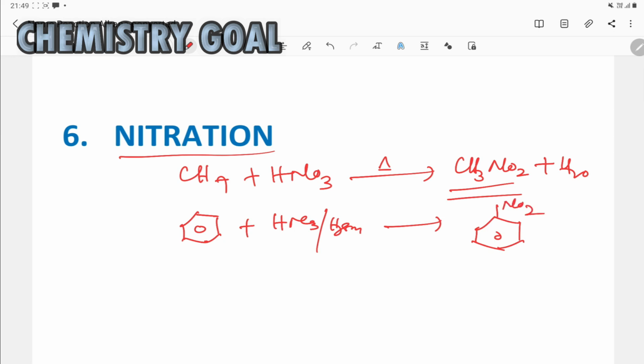This is called nitration of aromatic compound, and this is called nitration of aliphatic compound, that is alkane. Both are called nitration, either aliphatic or aromatic. This is the difference: the results are nitroalkane and nitrobenzene. But here pure nitric acid is used, and here a mixture of nitric acid and sulfuric acid is used. This reaction is called nitration of alkane.